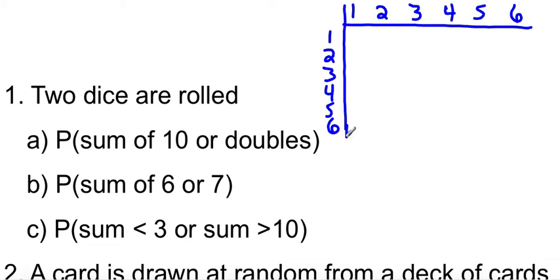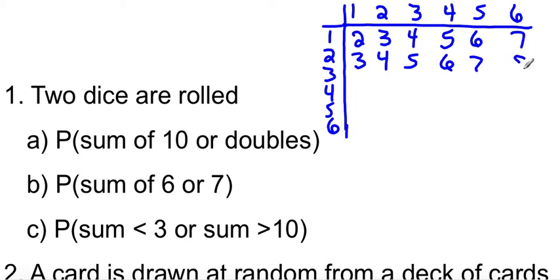Okay, so if I roll a 1 and a 1, those would add up to 2. If I roll a 1 and a 2, those add up to 3. 1 and 3 adds up to 4. Is this making sense? I'm summing these. So this is a table of what I could get. If I roll a 2 and a 1, that's going to give me a 3. A 2 and a 2 gives me a 4, 5, 6, 7, and 8. If I roll a 3 and a 1, I would get a 4.